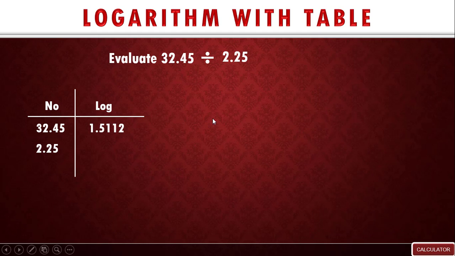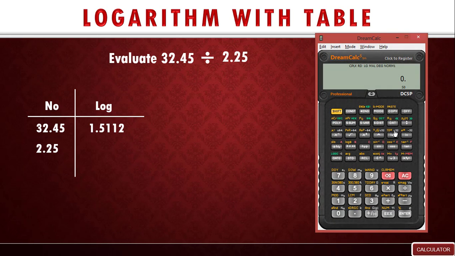Okay, so let's find the log of 2.25. Take your calculator and press log 2.25, then press equals or enter. That's giving us 0.3521.